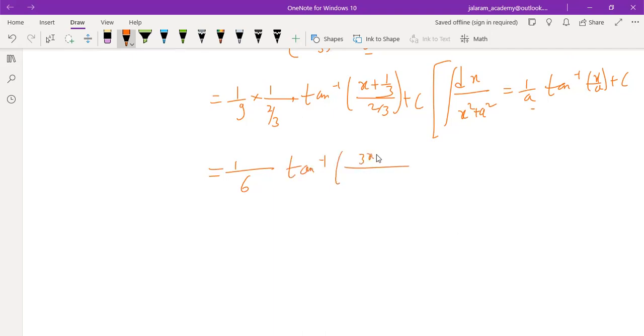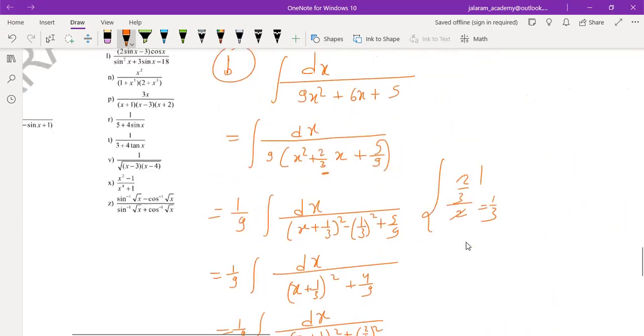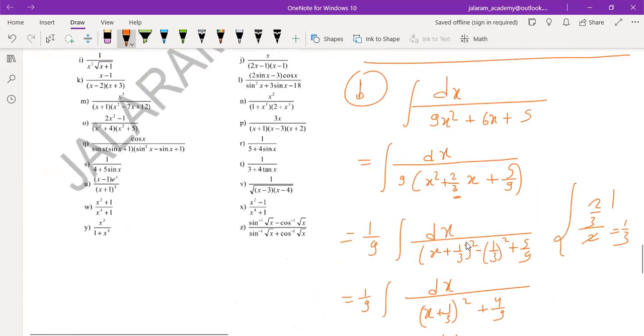LCM is 3, so 3x plus 1 on 3 over 2 by 3 plus c. This 3 3 will be cancelled out. So the final answer is 1 by 6 tan inverse 3x plus 1 upon 2 plus c. Is that clear to you, everyone? Yes, sir. Understood?